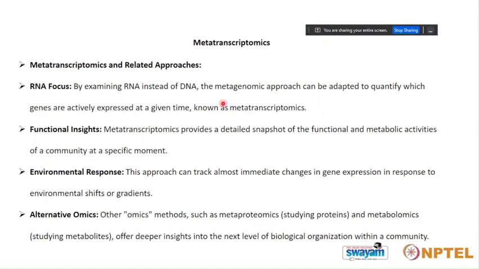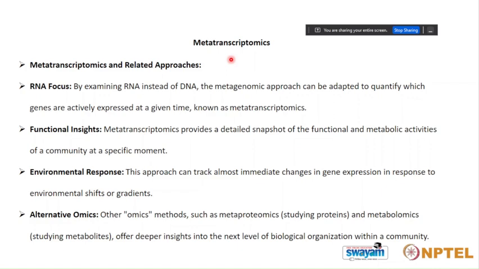So what is metatranscriptomics? So in metagenomics specifically we'll be sequencing the DNA, and in the case of metatranscriptomics we'll be targeting RNA. So that is the major difference between metagenomics and metatranscriptomics. So basically metatranscriptomics will give you a picture about the functional and metabolic activities of a specific community.